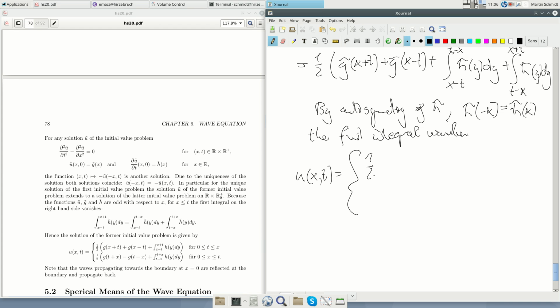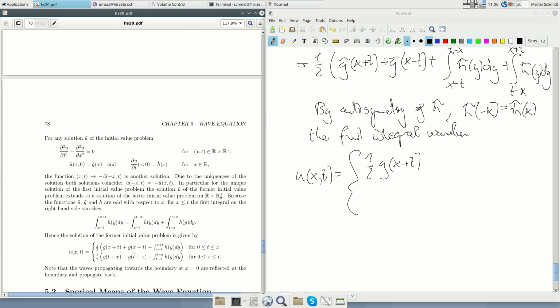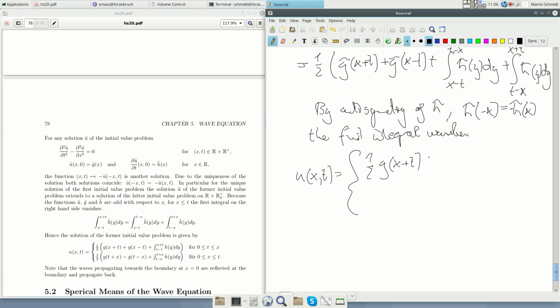Then we have 1/2 of g of x plus t plus g of x minus t, because x is now always positive, and if x is larger than t, this is also positive.